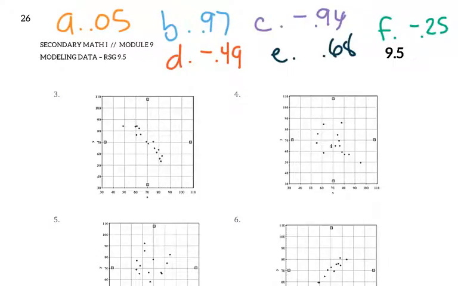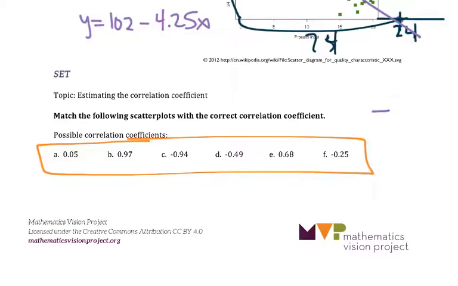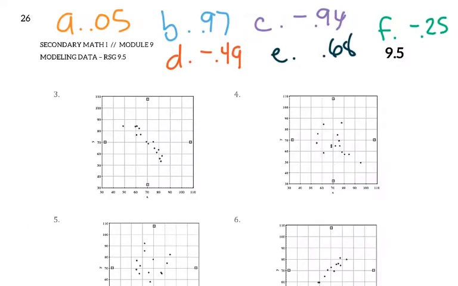Now, when we're talking about correlation, because that's what it wants us to do with the possible correlation coefficients, the way we think about it is it's either between negative 1 and 0 or 0 and 1. Negative 1 would be a negative slope, so it would be going down this way.